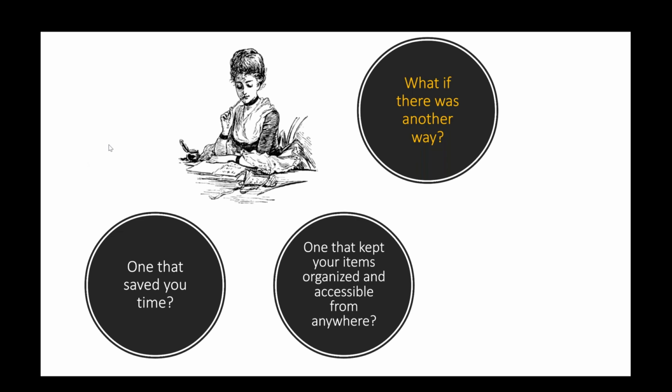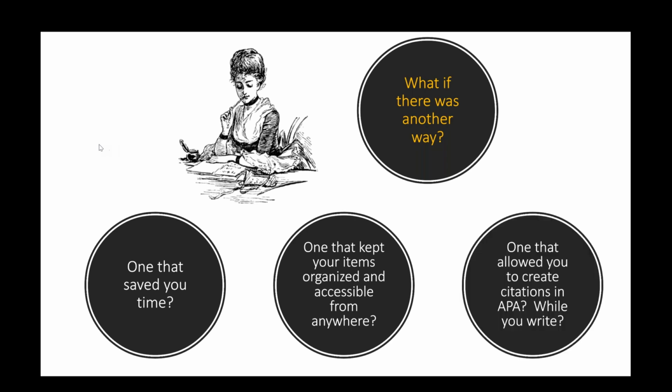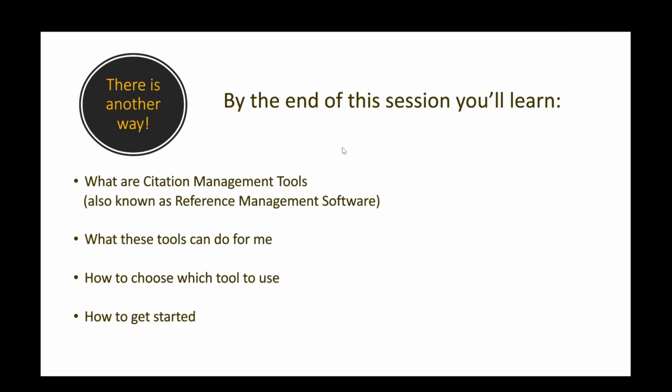We want to organize things so that they're accessible from anywhere. And also something that might help us create citations in APA format very quickly, maybe even while we write. So there is a way to do that, right? And that is with citation management tools, also known as reference management software.